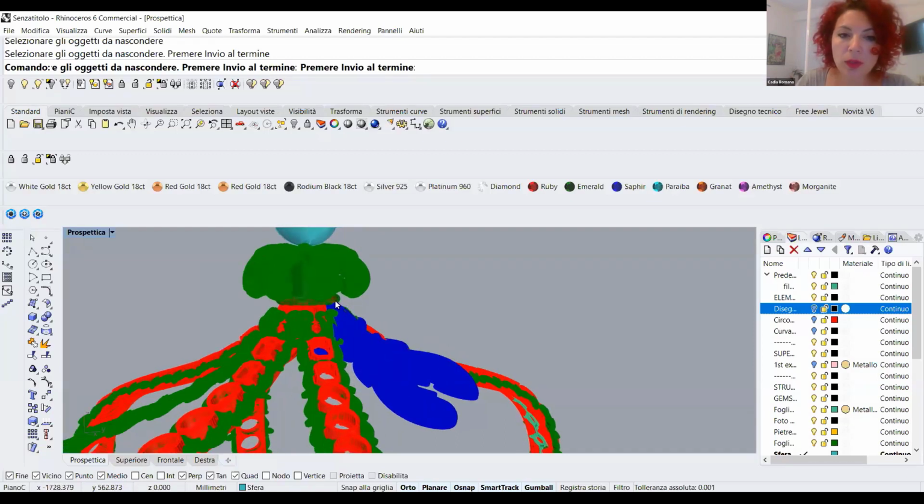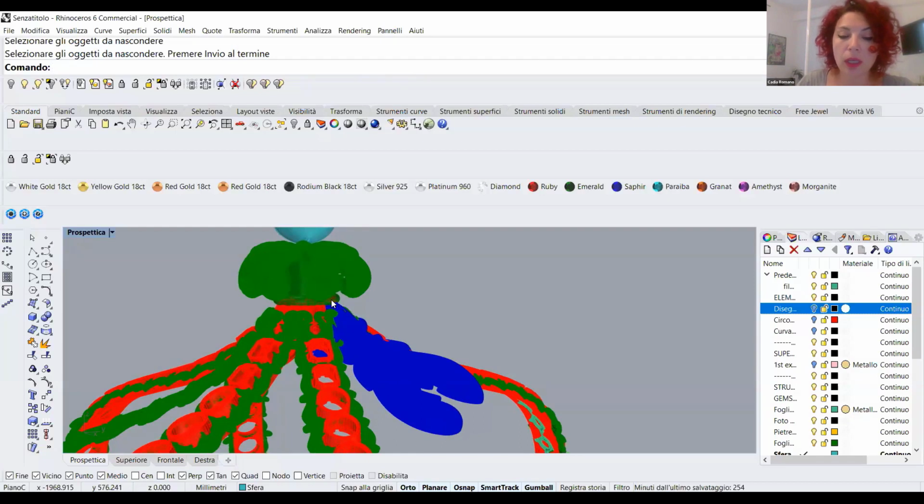Also, in this case, I use the same sphere interlocking system, because the sphere is the simplest element that we can use during this project about the interlocking system, because you don't have a problem during the casting. You don't have to modify the surfaces.